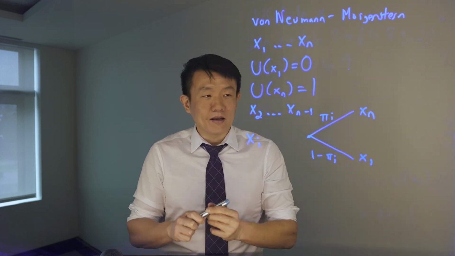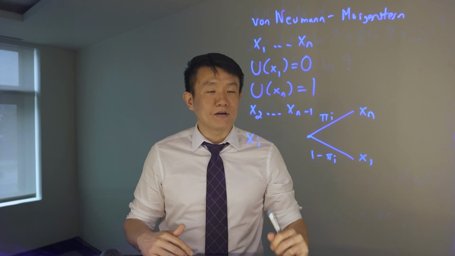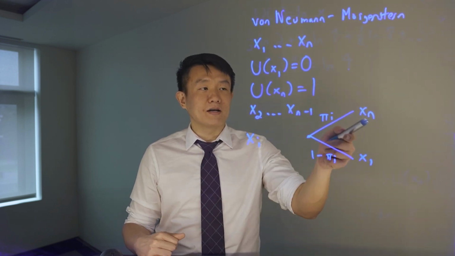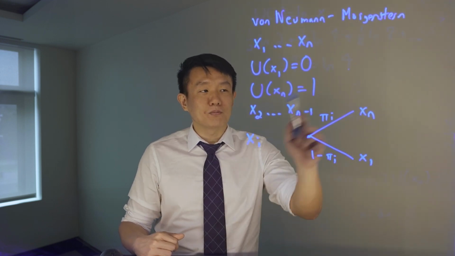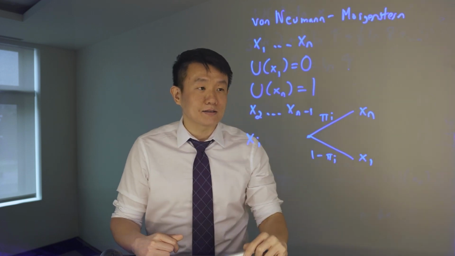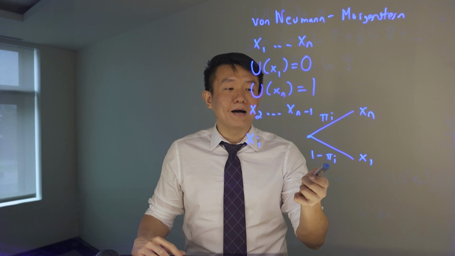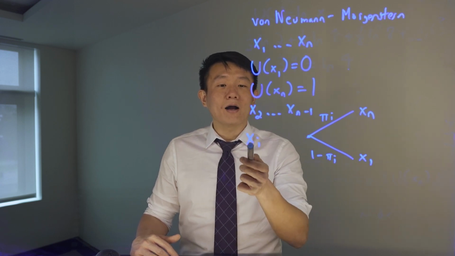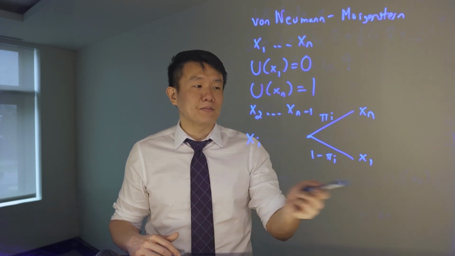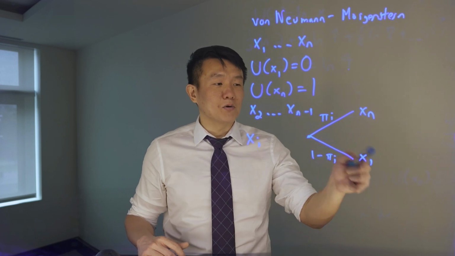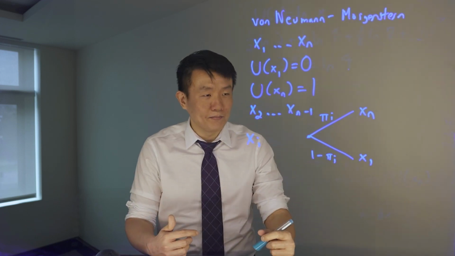Now we can see that if pi I is high enough, if there's a high enough probability of getting the best outcome, I'm going to prefer the gamble to getting xi. Conversely, if pi I is low enough, I would rather take xi because if I take the gamble, I'm more than likely going to get x1.